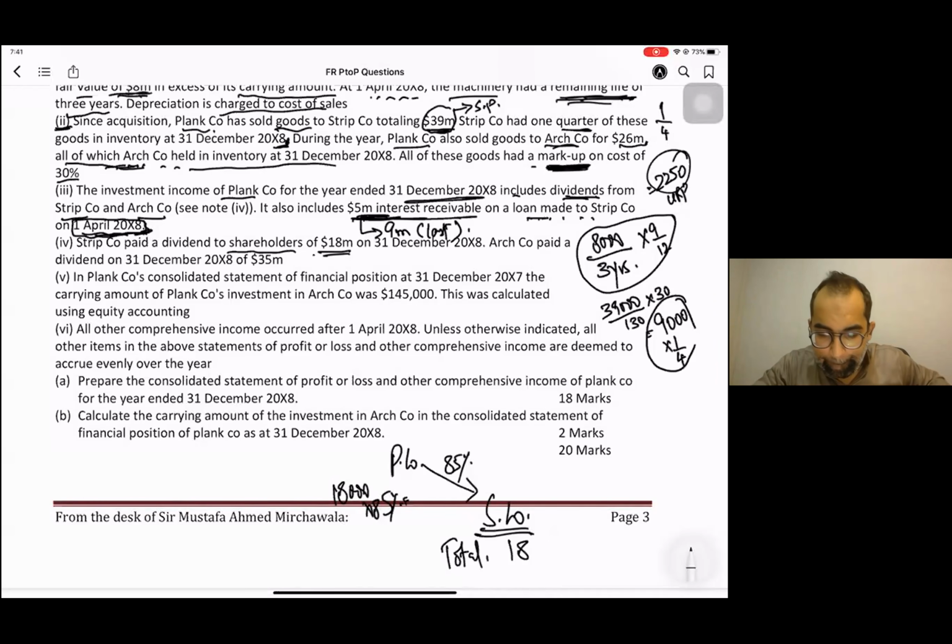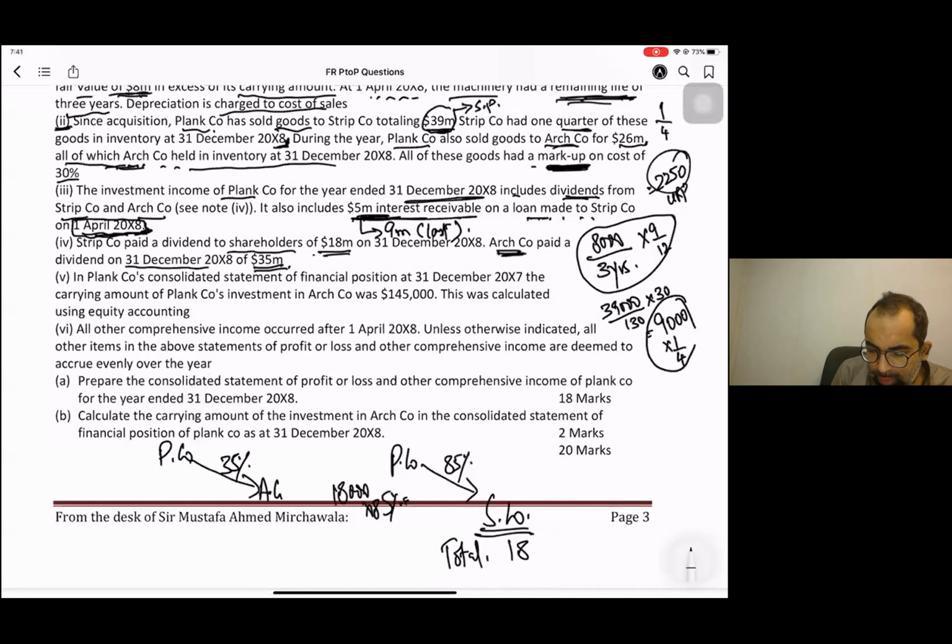One more dividend. A company paid a dividend on 31st December X8 of 35 million. Now, we are P company and we have 35% shares of A company. Now you tell me how much total dividends are paid by A company. This is 35 million.